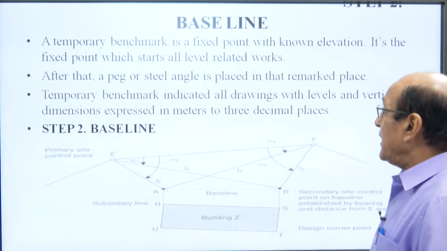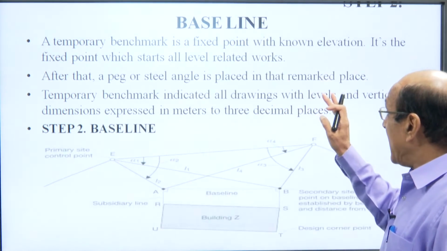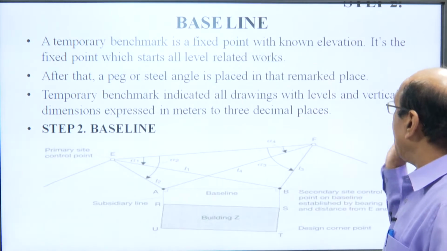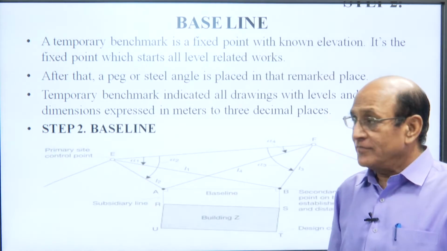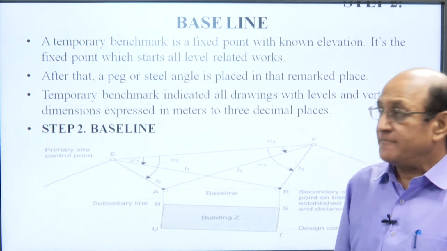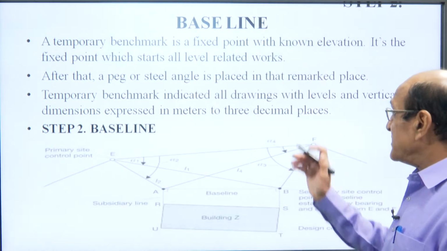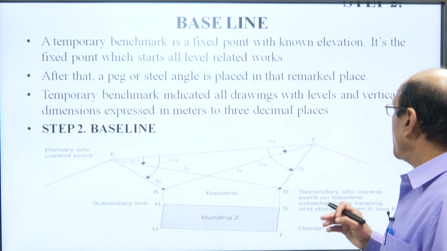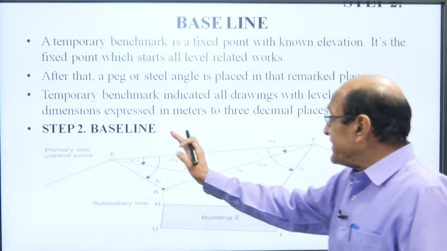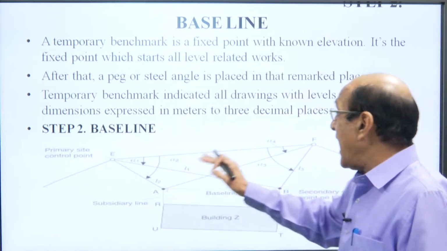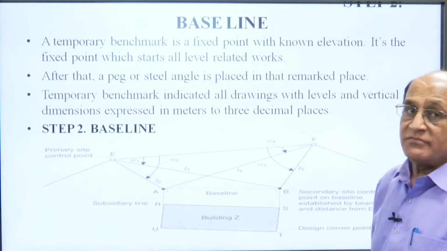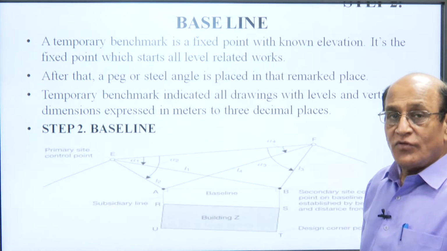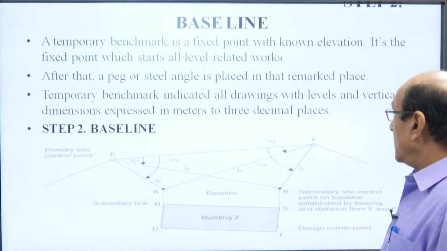After that, a peg or a steel angle is placed at that marked place, so that it can be easily visible. The temporary benchmark is indicated on all the drawings, with the level and vertical dimensions expressed in meters to 3 decimal places.